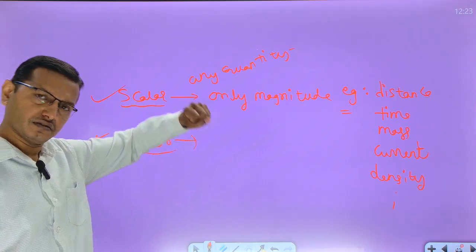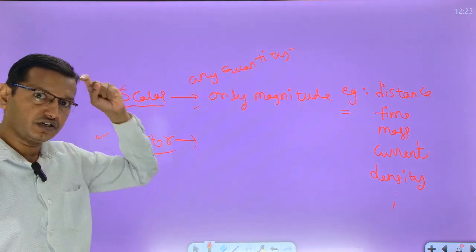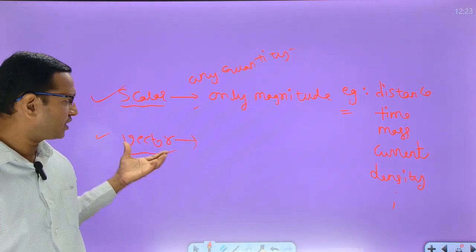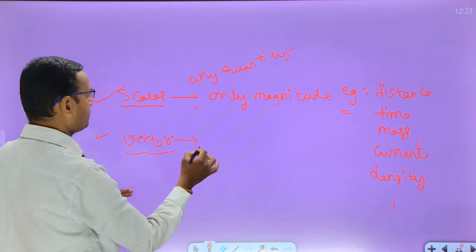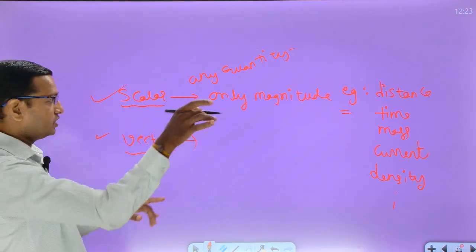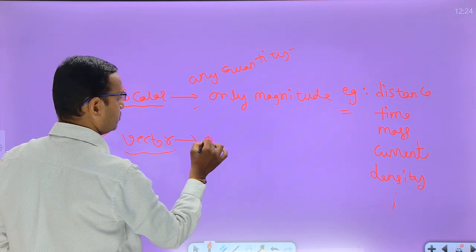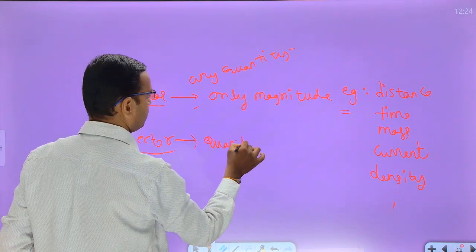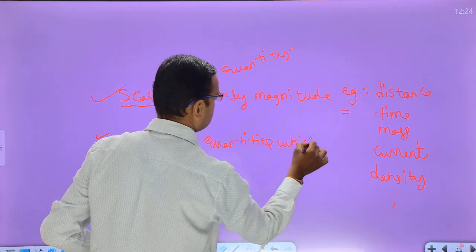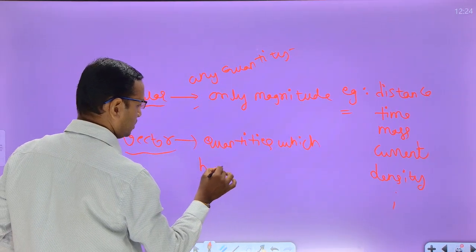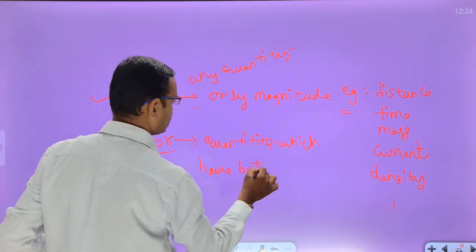Whenever you're handling vectors, you have to ask this question: in which direction is the object moving, or in which direction is the quantity moving? So basically vectors are those physical quantities which have both magnitude and direction.